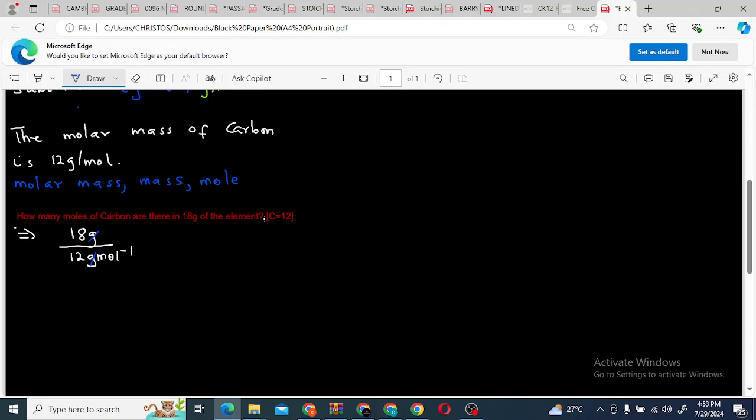So 18 divided by 12 gives me 1.5. So my final answer will be 1.5 mole. Does this make sense? So 18 grams of carbon contains 1 mole of carbon and a half mole of carbon.